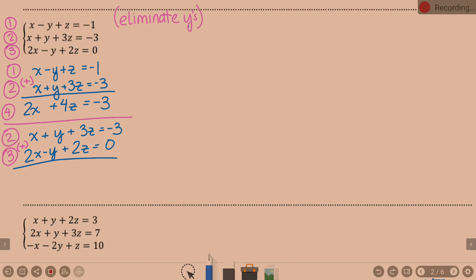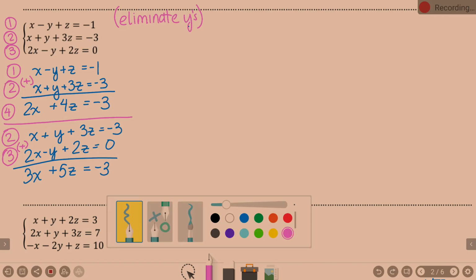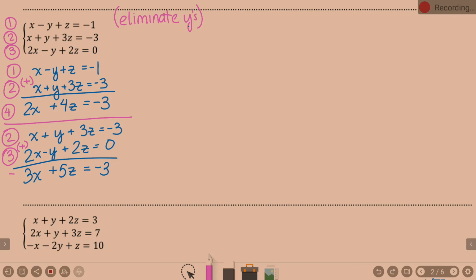What is x plus 2x? 3x. y plus -y cancels out, which was the goal, right? 3z plus 2z is 5z. Carry down the equal sign. -3 plus 0 is -3. I'm going to call this equation 5.